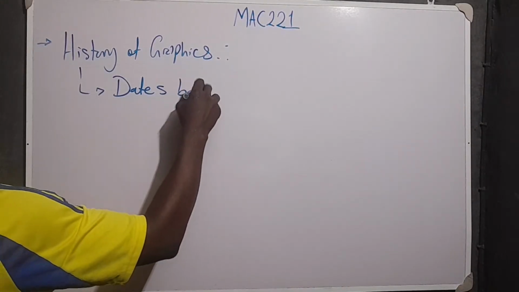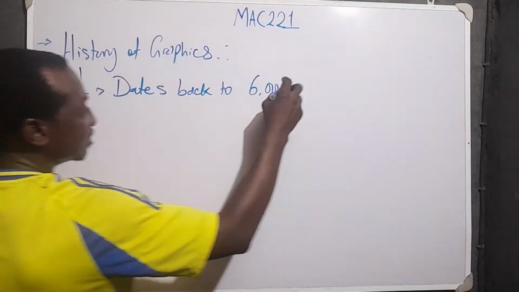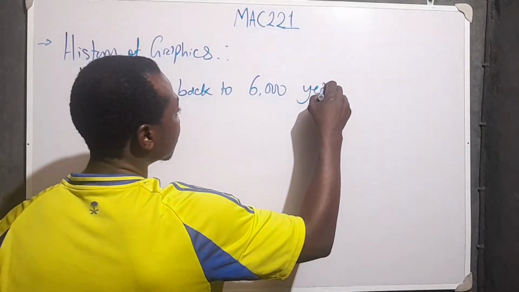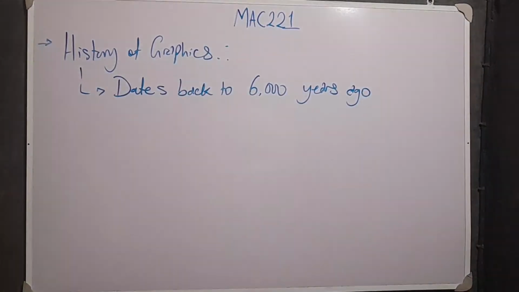Some of the modern graphics you know today, some you have used or come across, date back to about 6,000 years ago.